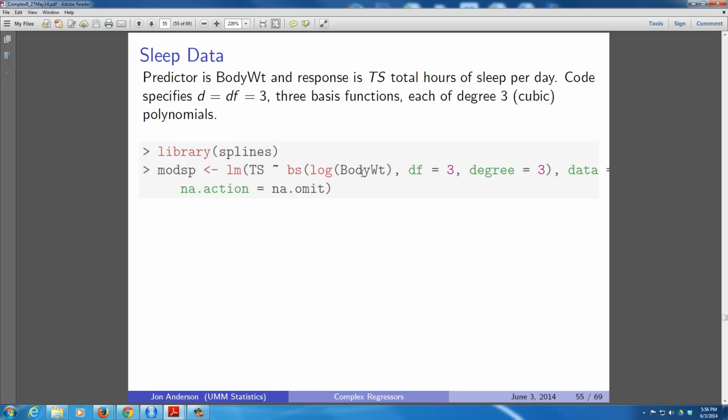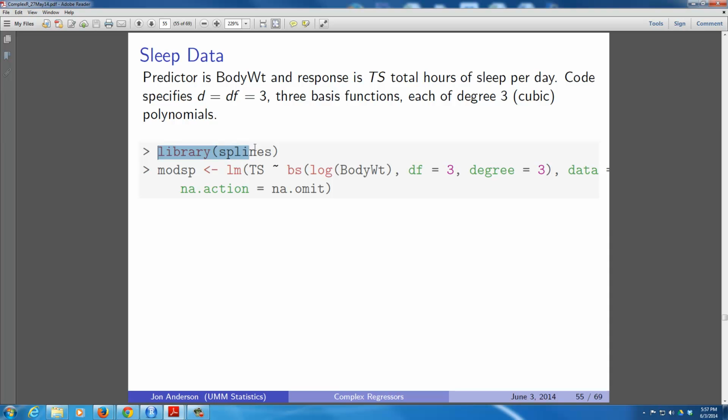Let's use a spline approach to summarize this. We're going to use degrees of freedom equals 3. That means little d. We're going to use 3 basis functions. Each of the basis functions are going to be little cubic polynomials, and we're going to specify a spline model.